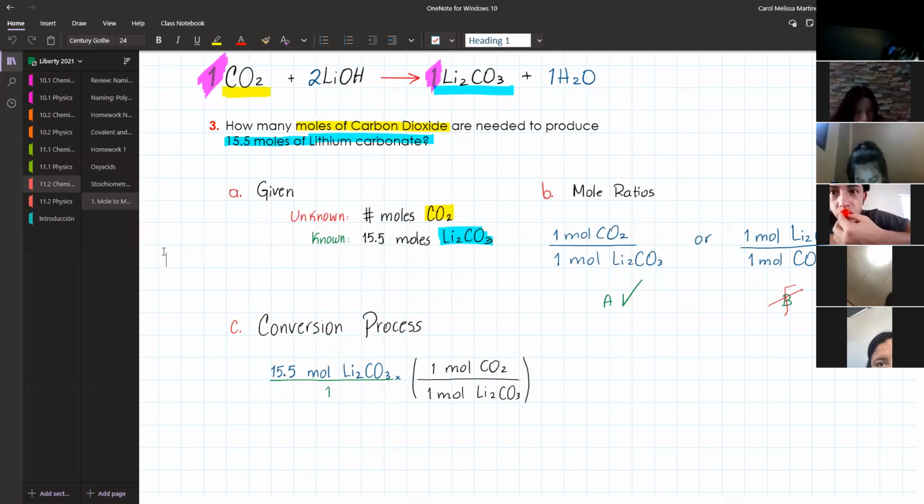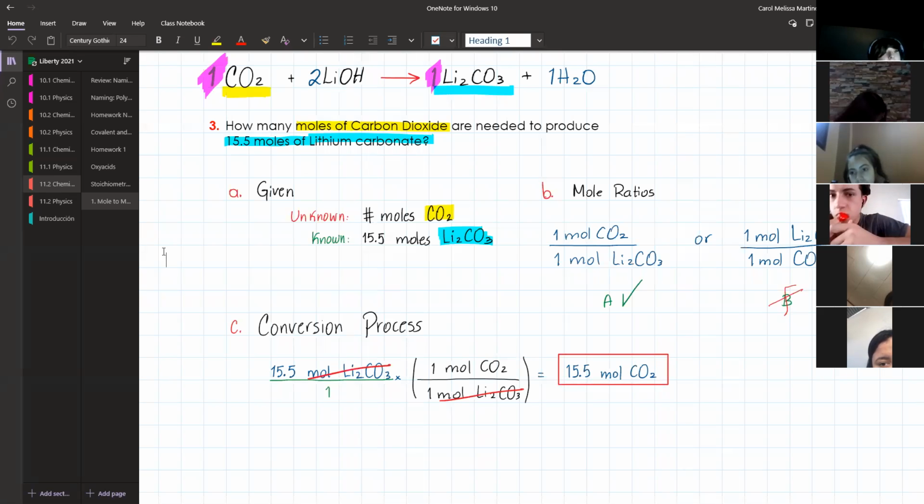How much is this? Cancel moles of Li2CO3 with moles of Li2CO3. You're going to get the exact same number because you're multiplying and dividing by 1. So it's going to give you the same number, which is 15.5. But in this case, moles of CO2. That's my answer. I put it inside a box and I answered the question.